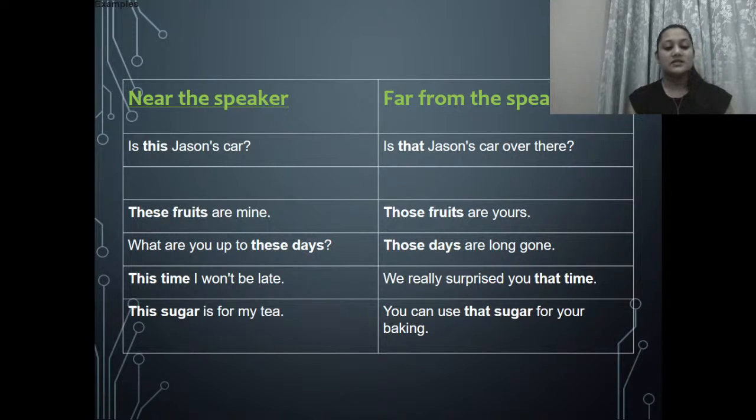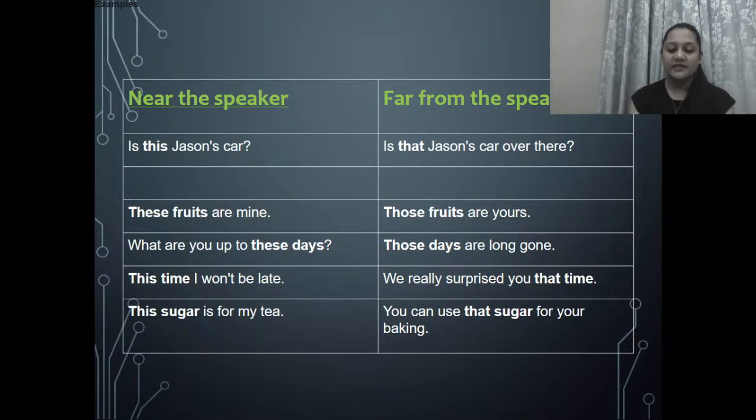What did you say? You said, "This sugar is for my tea." Here, because this bowl of sugar is lying adjacent to you, very close to you. Next, "You can use that sugar for your baking."